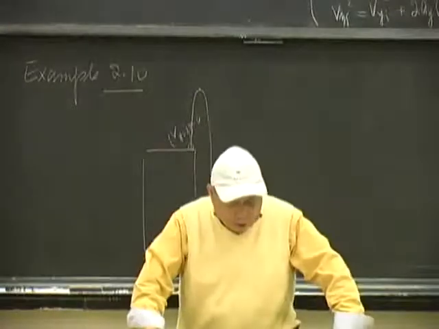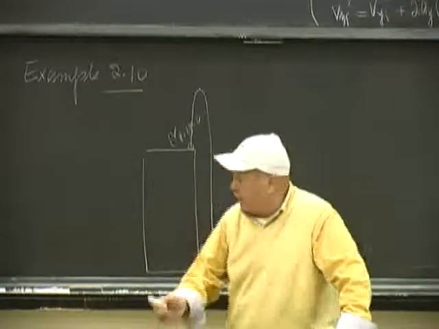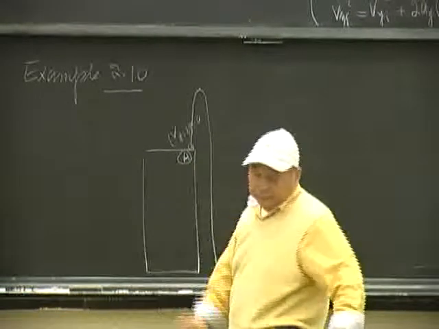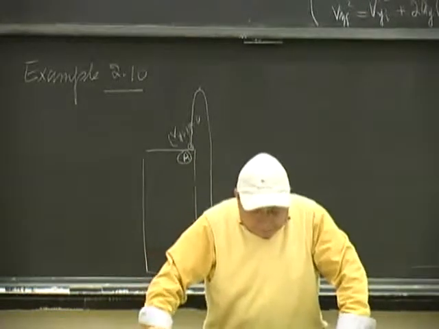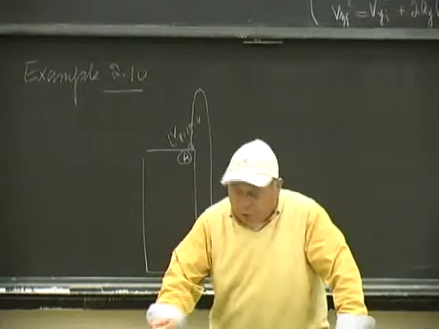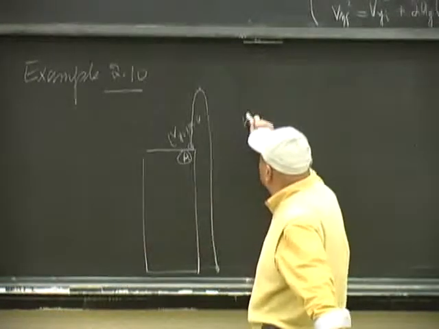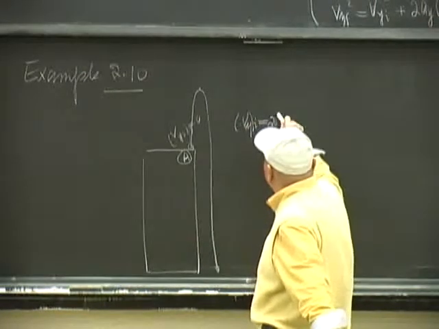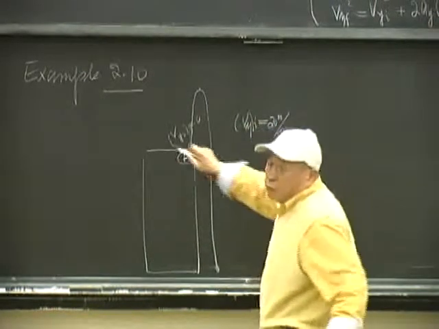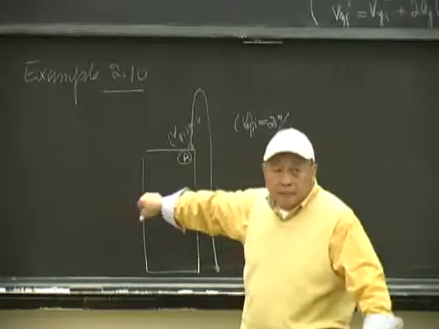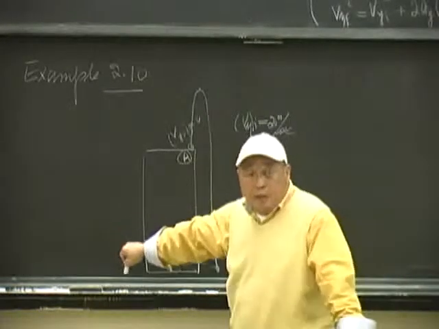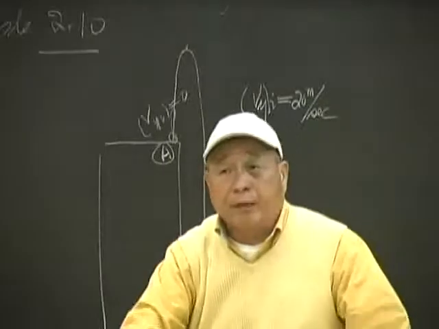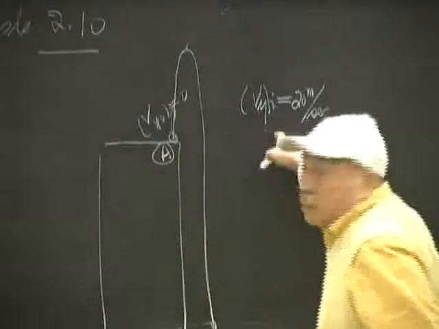So it says a stone is thrown at point A, in which case point A is in this region, with initial velocity 20 meters per second. So V y i equal to 20 meters per second. When you're solving the problem in an examination, you put down all the pertaining information in a diagram, like this.